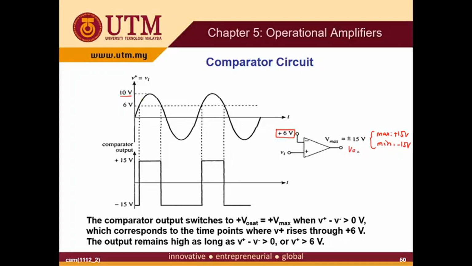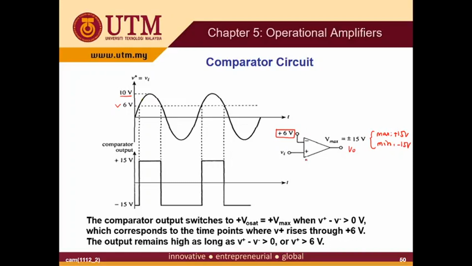So for the output waveform, first of all, you need to draw the reference voltage. What is the reference voltage? In this comparator, you have two inputs, V plus and V minus. One of the inputs will be fixed at a certain voltage, and the other input will have the input signal.